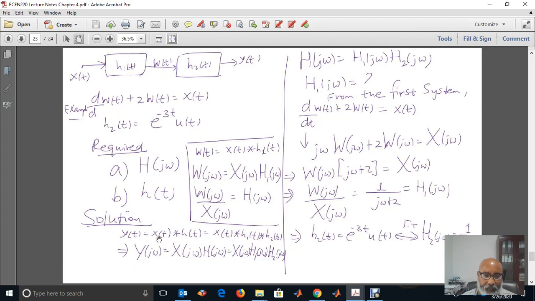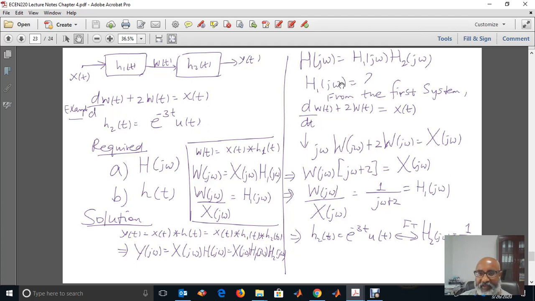And y(t) is x(t) convolved with h(t), the overall impulse response, so x(t) convolved with h1(t) convolved with h2(t). Therefore, Y(jω) is X(jω) times H(jω), which is equal to X(jω) times H1(jω) times H2(jω). And we know H(jω) is H1(jω) times H2(jω).